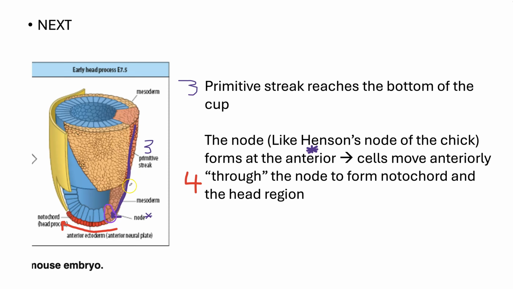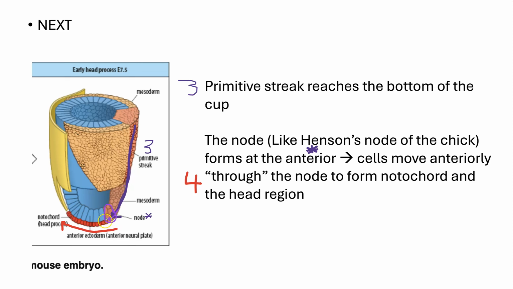So what happens is you have migration of cells from posterior through to anterior, and as they move through the node region, their gene expression alters. So again, the node is less a structure and more a communication and organizing center.